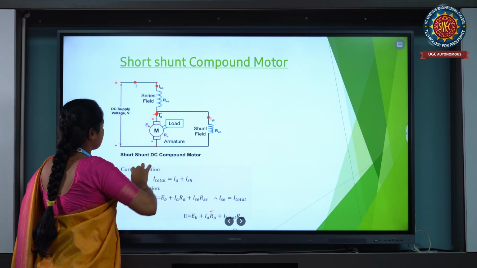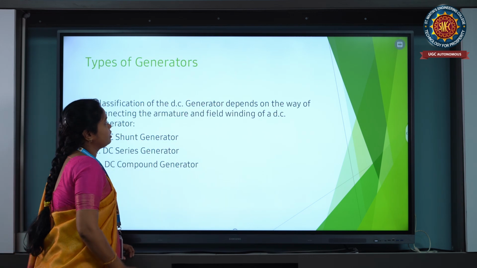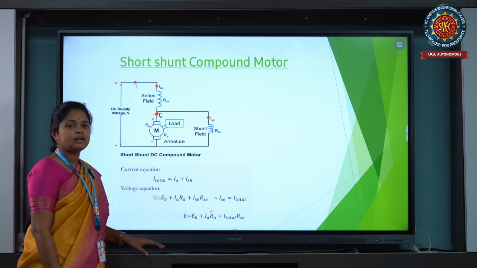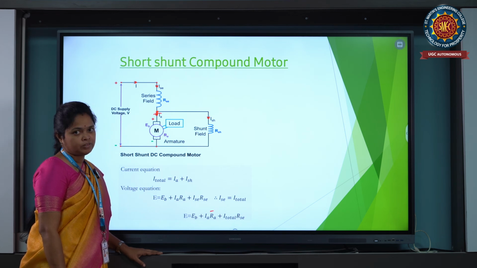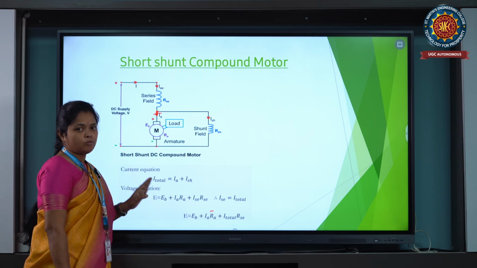These are the types of compound motor. Next is the application. Where are we using the compound motor? The torque developed in the machine is very high, so that is the application where we use the DC compound motor.